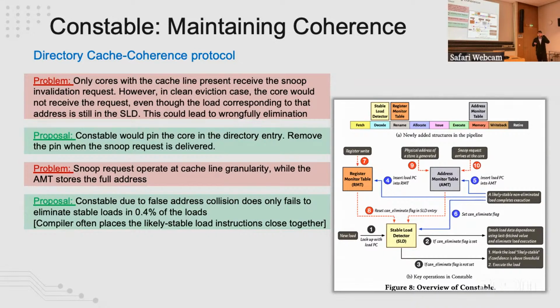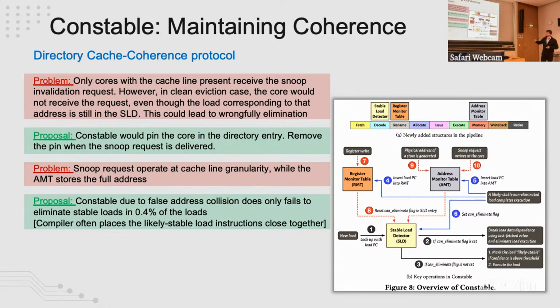However, in the clean eviction case, which is a problem presented in the paper, the data may not be in the cache, yet it can still reside inside the stable load detector table. That could lead to a wrongful execution, because someone else wrote to that cache line, but the stable load detector is not able to reset and load the new value.